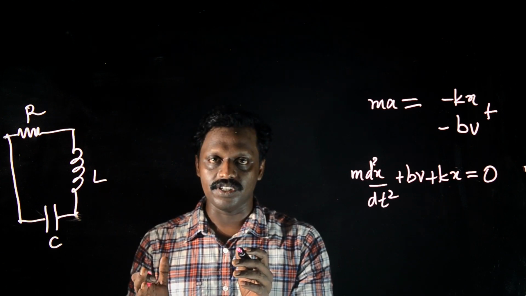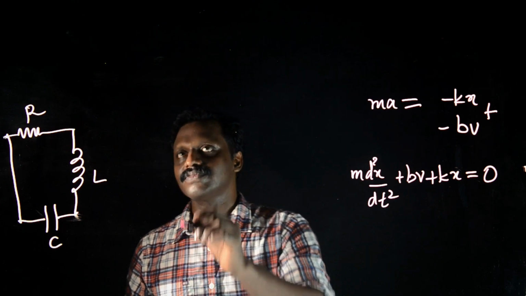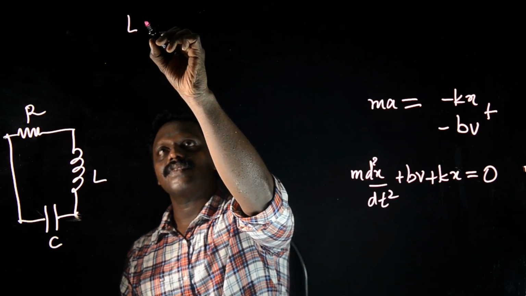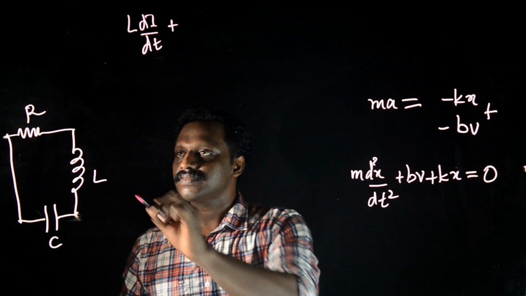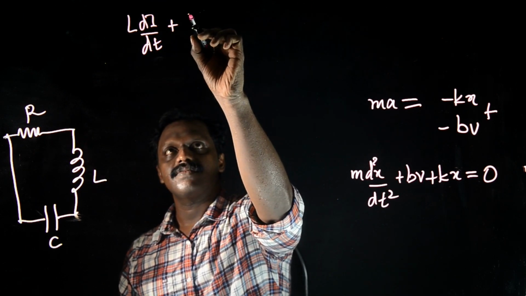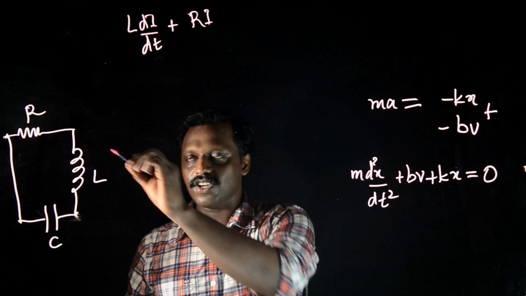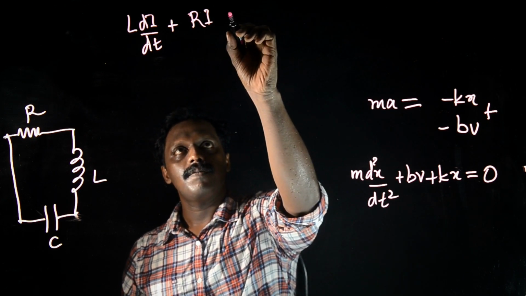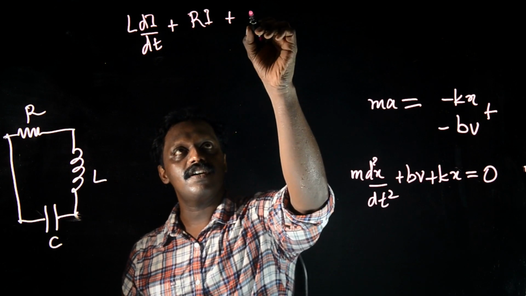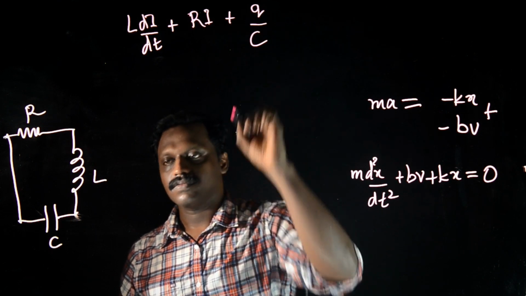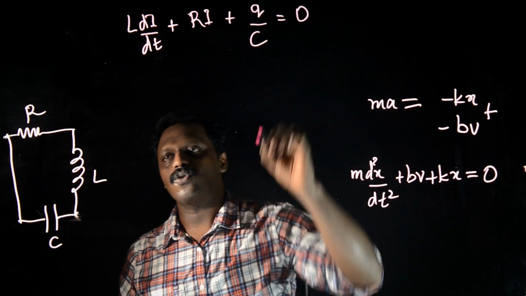Now writing the equation by Kirchhoff's second law, we have L di by dt plus Ri, the potential difference across the resistance, plus the potential difference across the capacitor, q by C, is equal to 0.